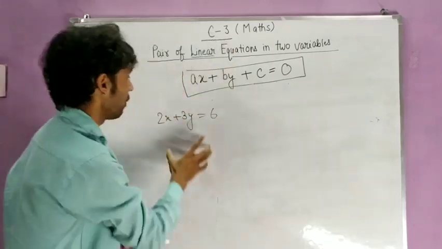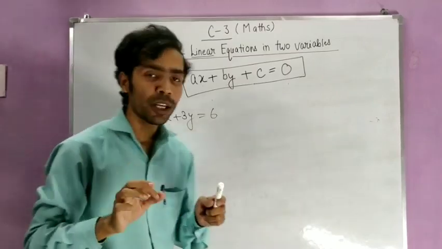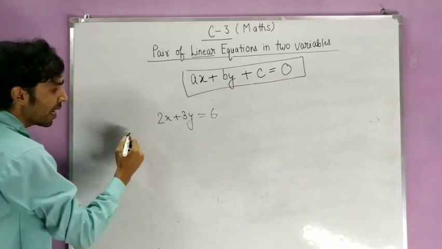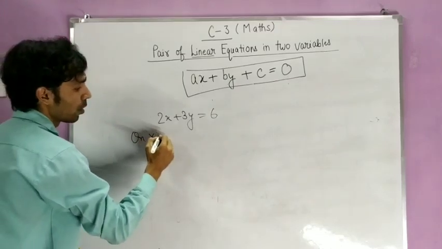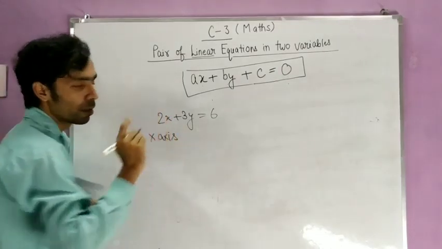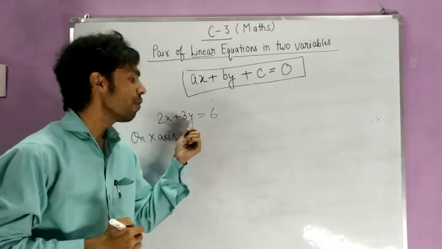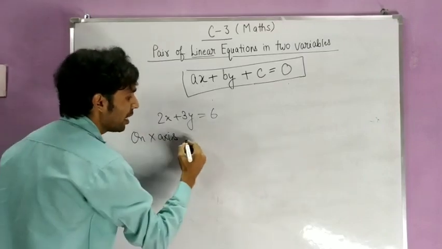So see, first I will calculate the 2 points. Okay, so suppose on the x-axis I want 1 point. Okay, so on the x-axis the value of y is 0, so we can say y equal to 0.